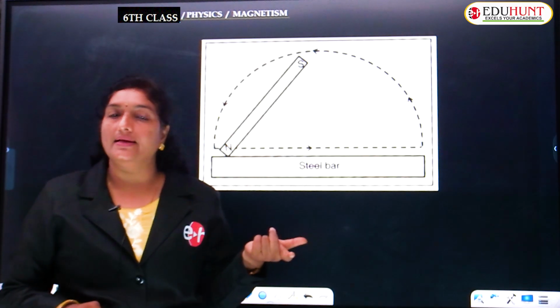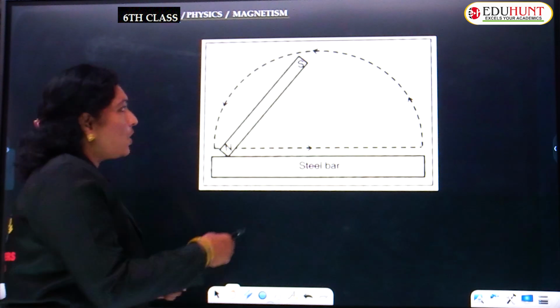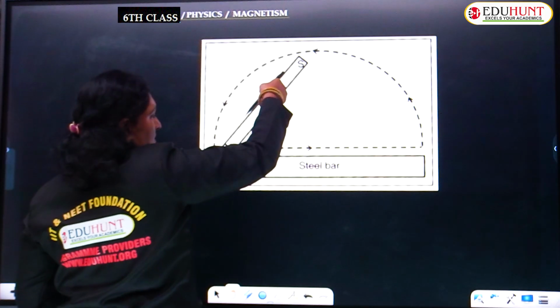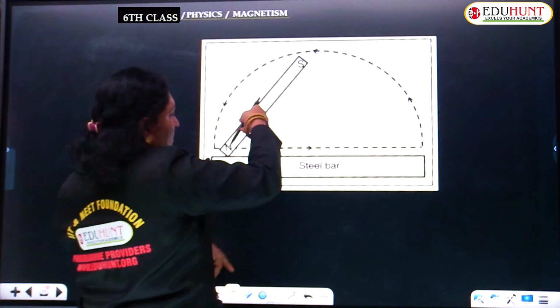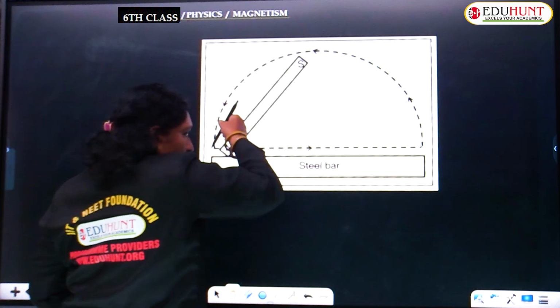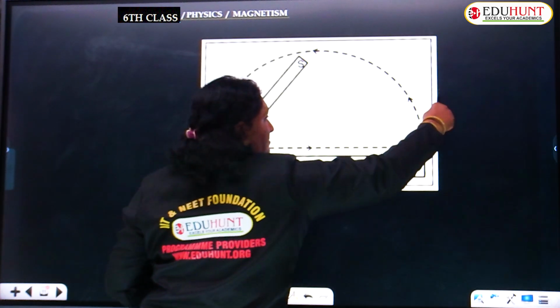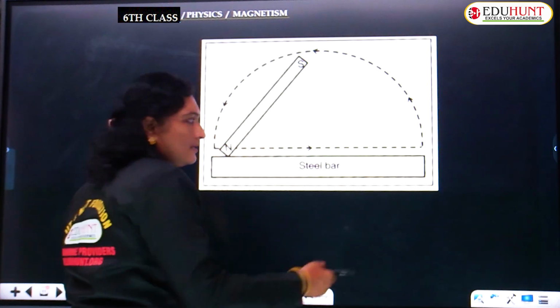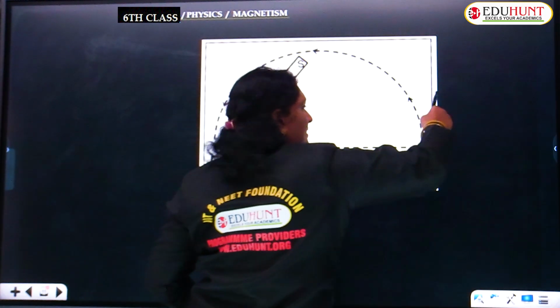What is a bar magnet? It has two poles, north pole as well as south pole. Holding the bar magnet from one end, suppose this is a north pole, this is a south pole, start from here, like this, like this, and drag this bar magnet towards the other side. Again lift it up, again hold it, again bring it like this.